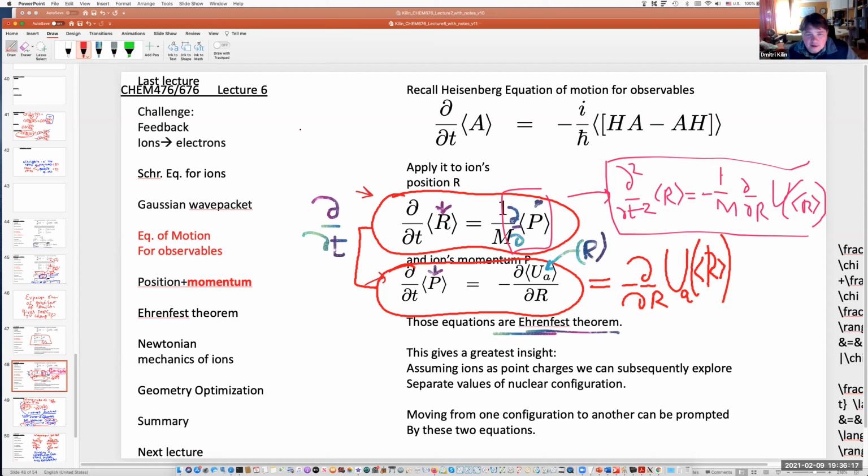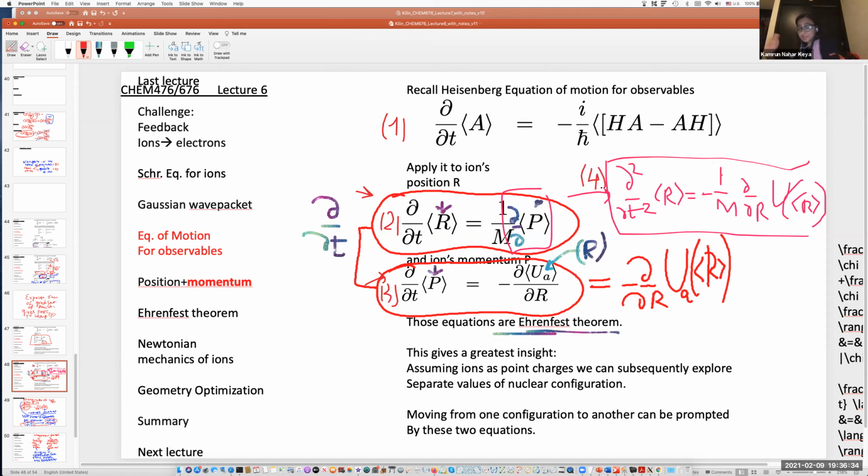Let me give notations. Let's call this one number 1, this one number 2, this one number 3, and this one number 4.